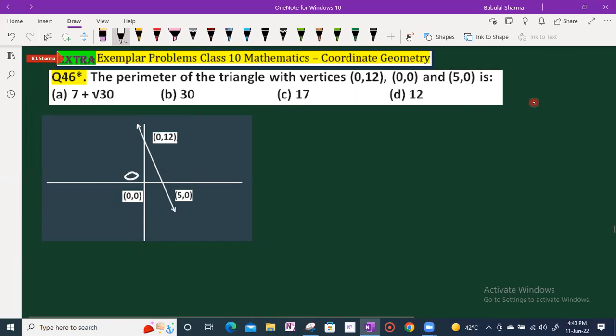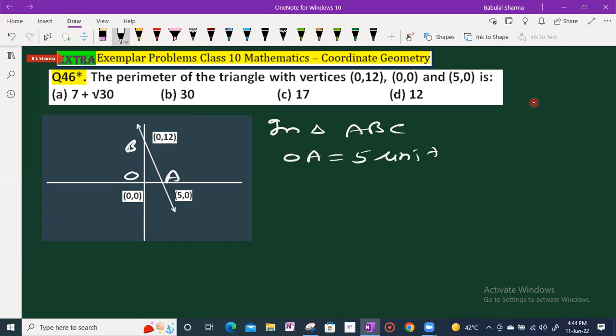Let this point is O, this point is A, and this point is B. So in triangle OAB, see here, OA is 5 unit. क्योंकि ये कोऑर्डिनेट है वो 5,0 है, तो O to A that is 5 unit. And similarly the distance O to B, its coordinates are given 0, 12, means the height is 12, so OB is 12 unit.